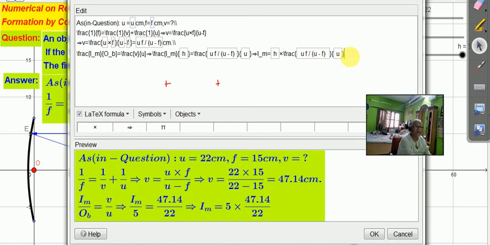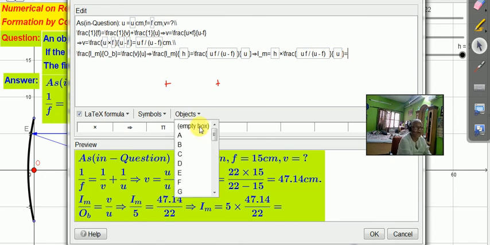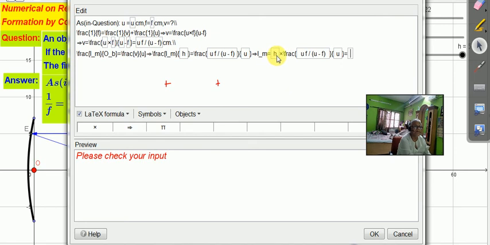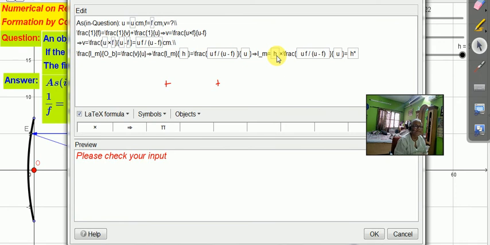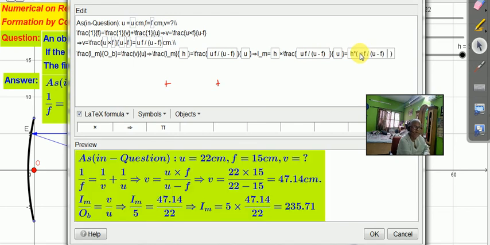You solve it, you will get this. So what we get after the solution, I am also doing it here: image height is h times v, all divided by u.